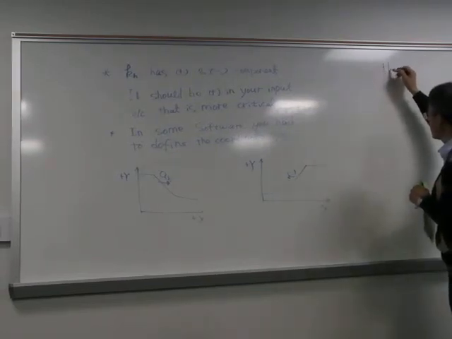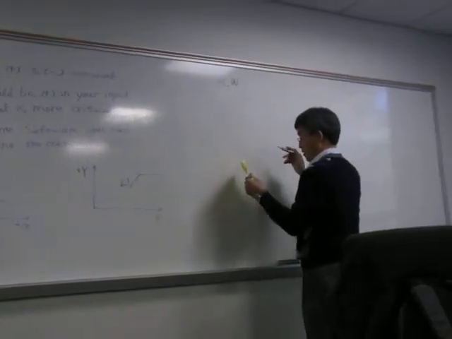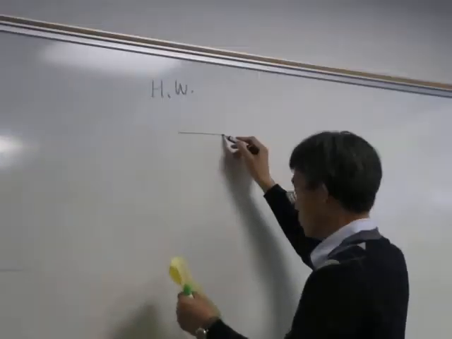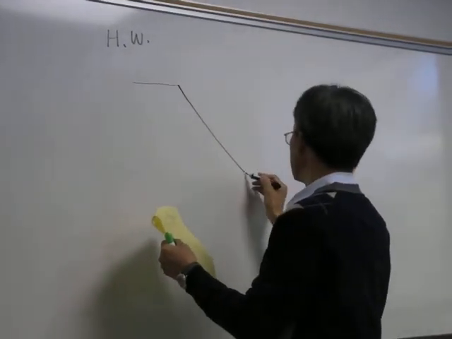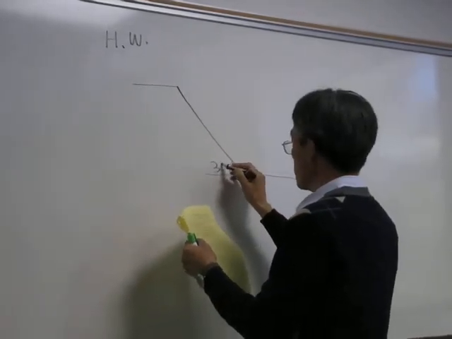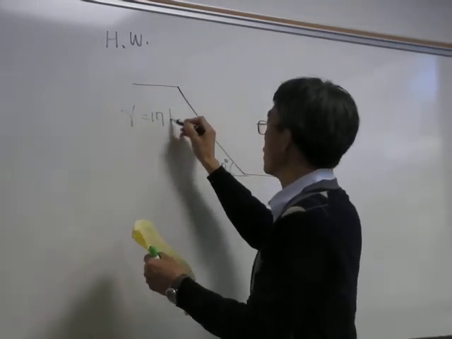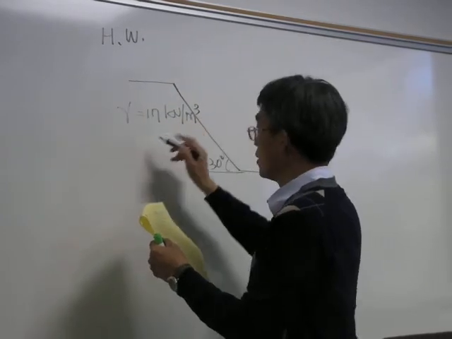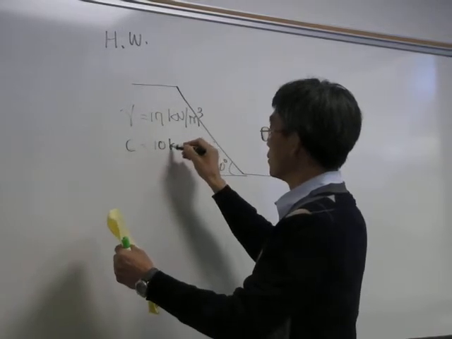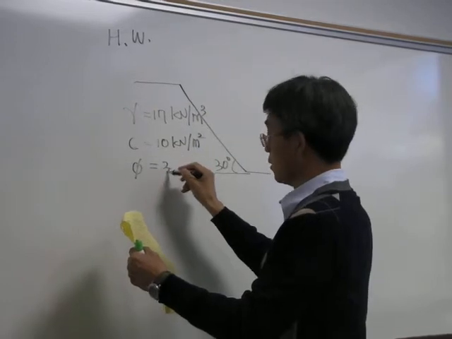Probably, I guess you guys are ready for the homework. Slope angle is 30 degrees. Gamma is 17 kilonewton per cubic meter. Cohesion is 10 kilonewton per square meter. Phi is 30 degrees.